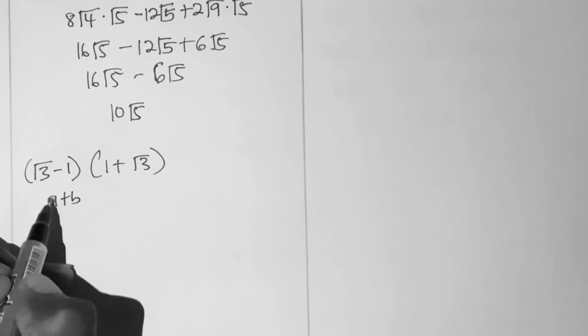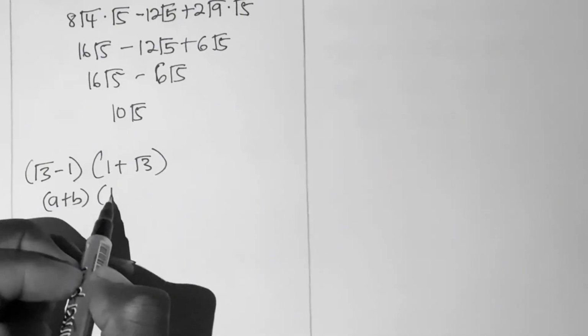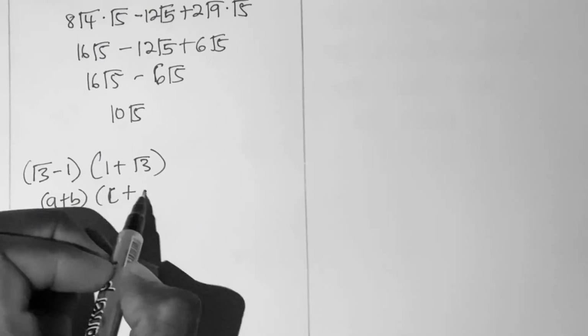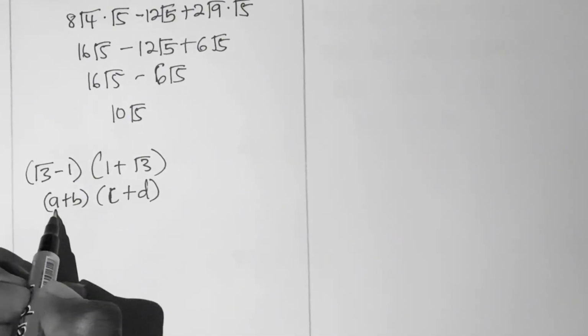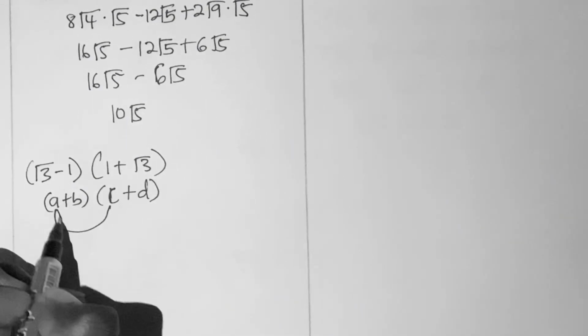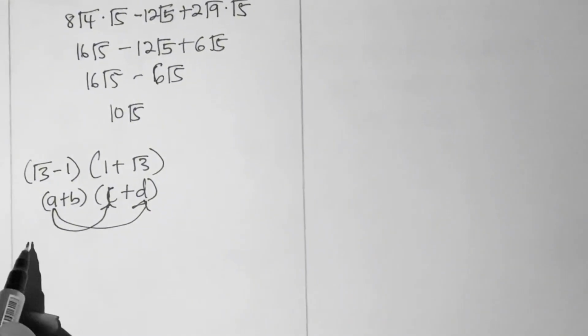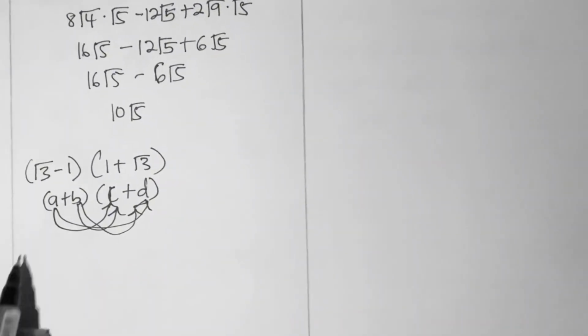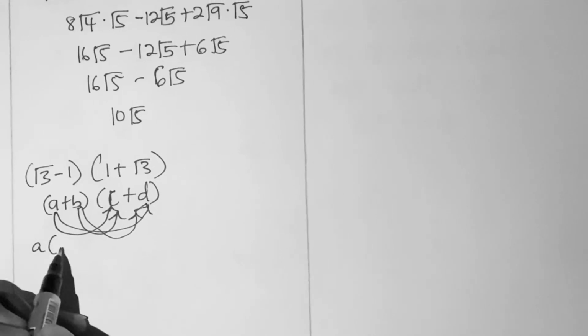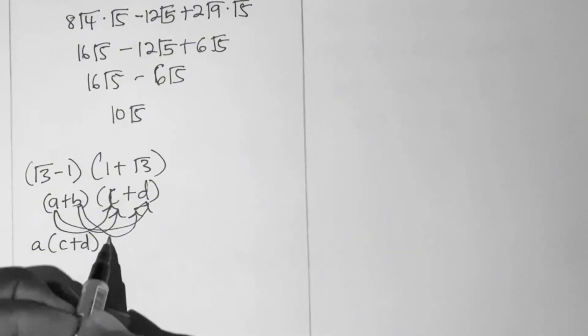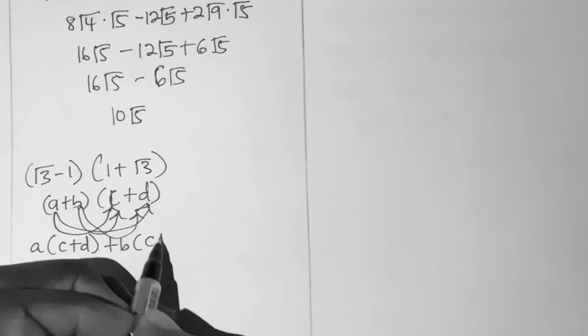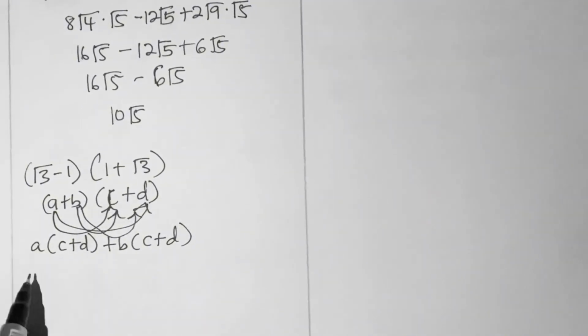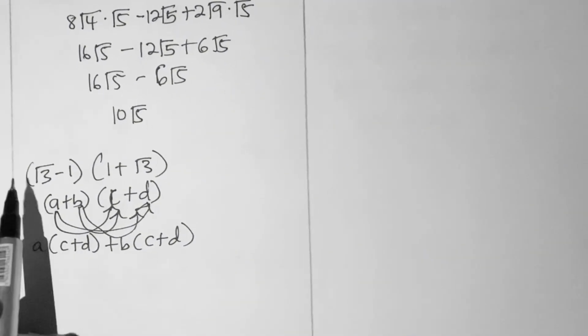A plus B times C plus D. What you do is that you take A and then you distribute it here. Then after, you take B and you distribute B with this. So this becomes A times C plus D, then plus B times C plus D. Then you continue.